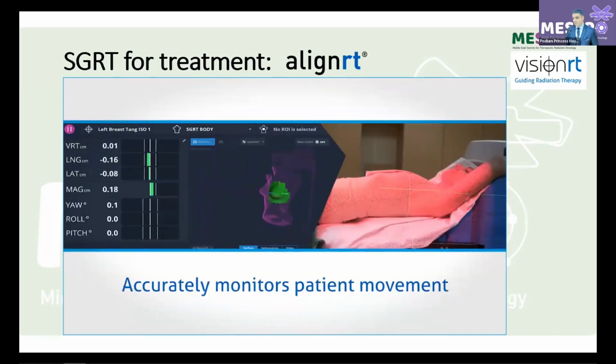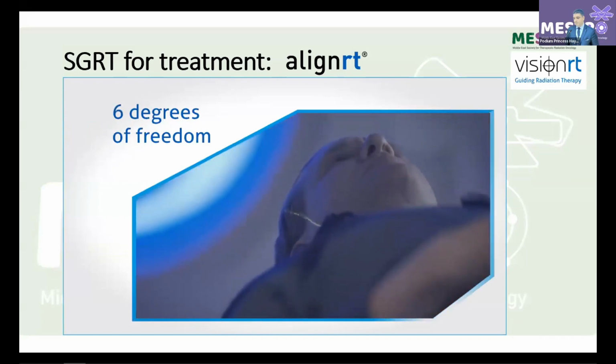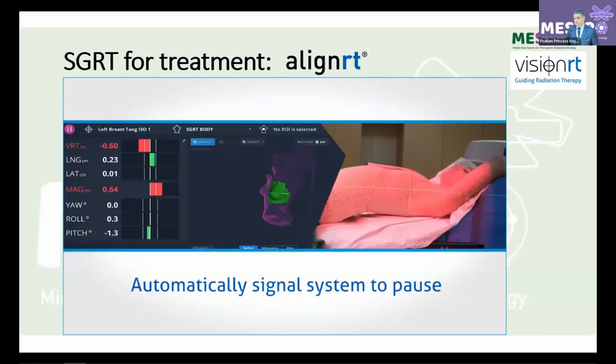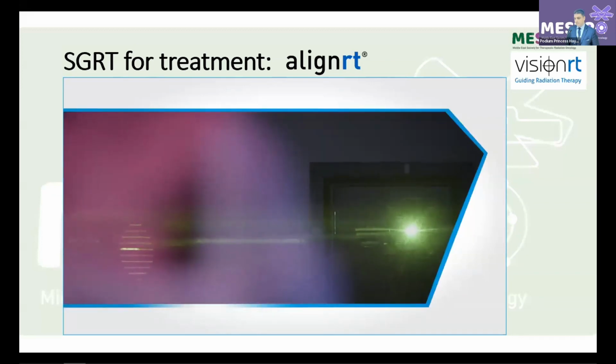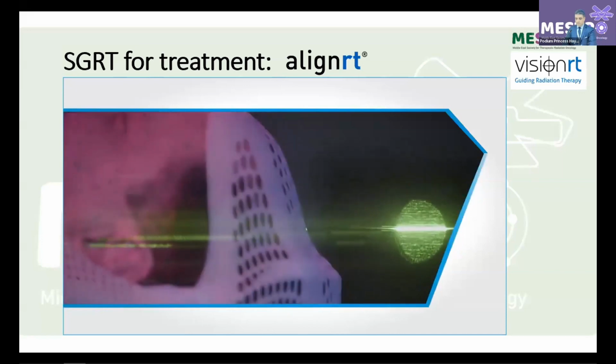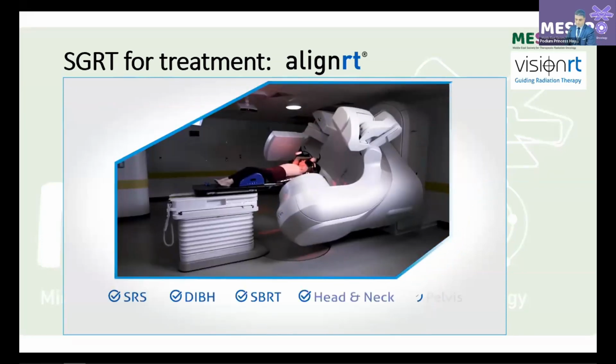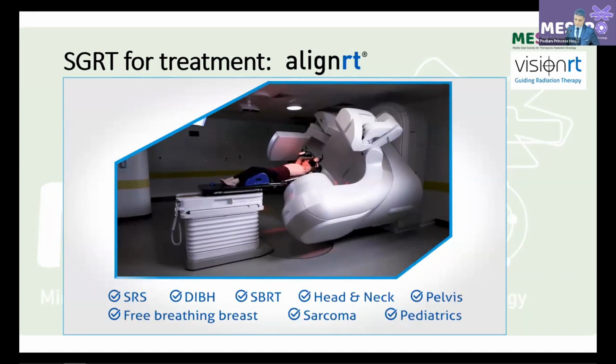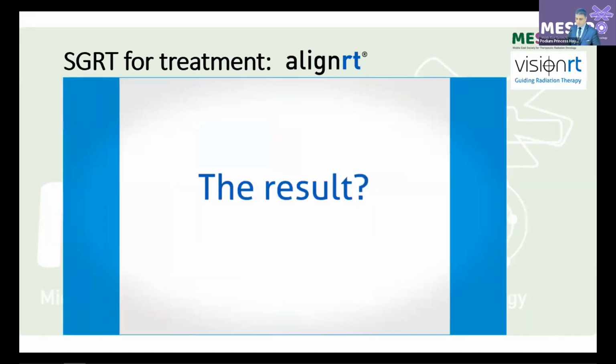The system accurately monitors patient movements in real time in all 6 degrees of freedom, and can automatically signal the treatment system to pause if the patient moves from the desired treatment position. AlignRT adds no additional ionizing radiation dose and is routinely used in a broad range of applications, treating sites from head to toe. The result?